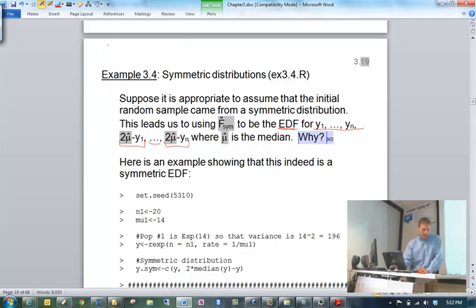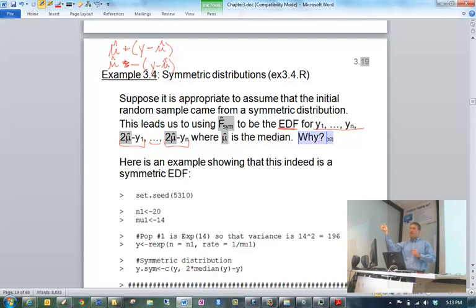So now, what if you had a purely symmetric distribution, then you would expect this to happen. Mu hat plus the deviation of y from mu hat to occur with the same probability as this, mu hat plus mu hat minus y minus mu hat. So notice what I'm doing here. I'm basically looking at my data, first of all, from a point of view, what's the deviation from the middle?